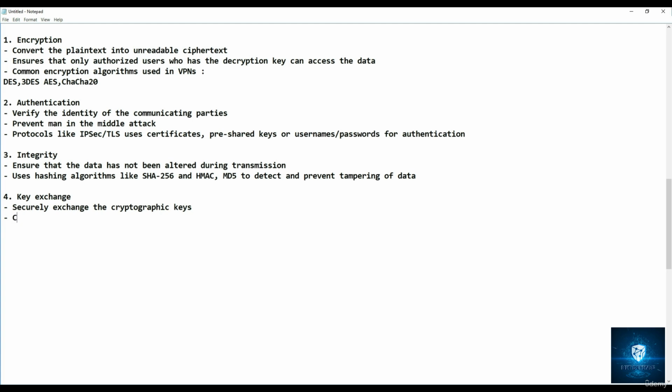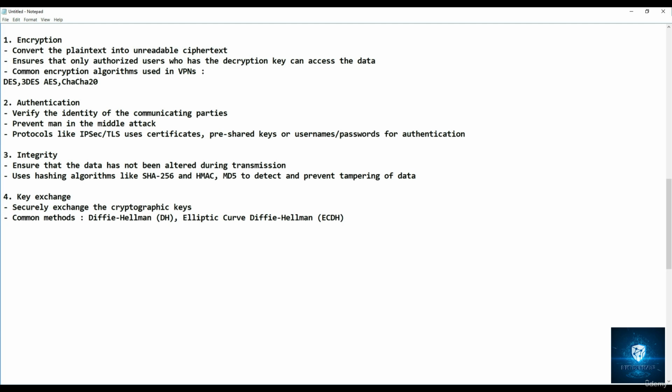So the common methods which are used are basically Diffie-Hellman, also called DH, the Diffie-Hellman algorithm, and you have ECDH, which is basically another one called elliptic curve Diffie-Hellman, okay, which is ECDH.